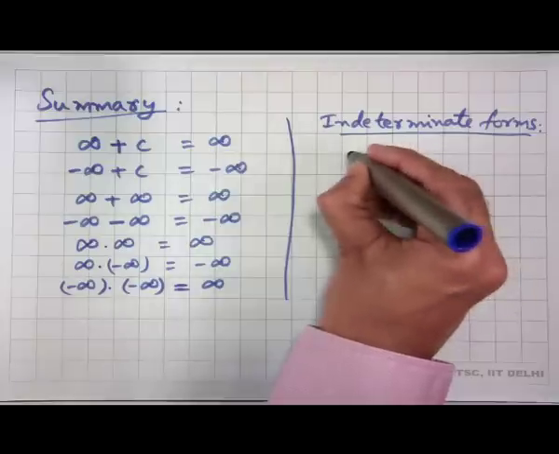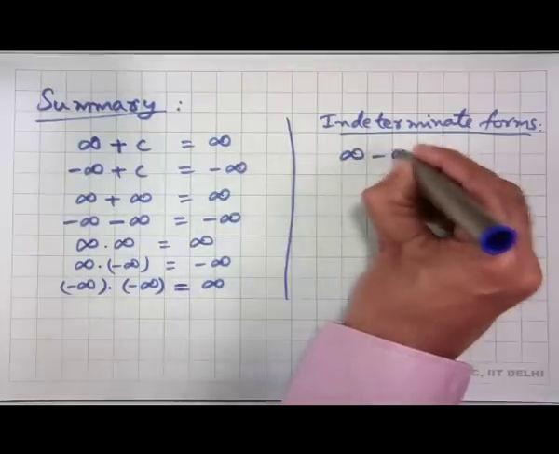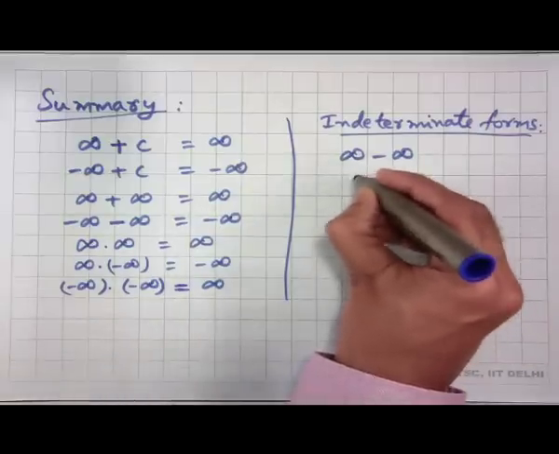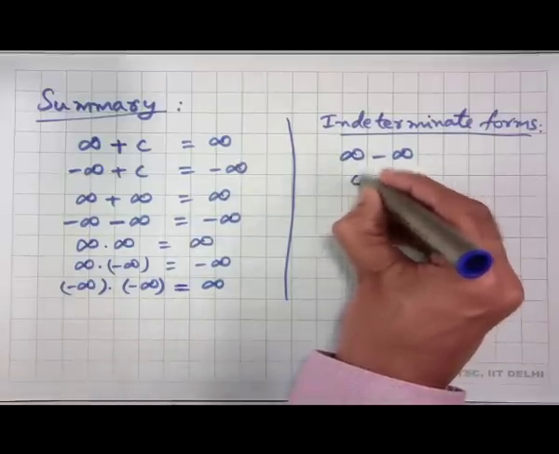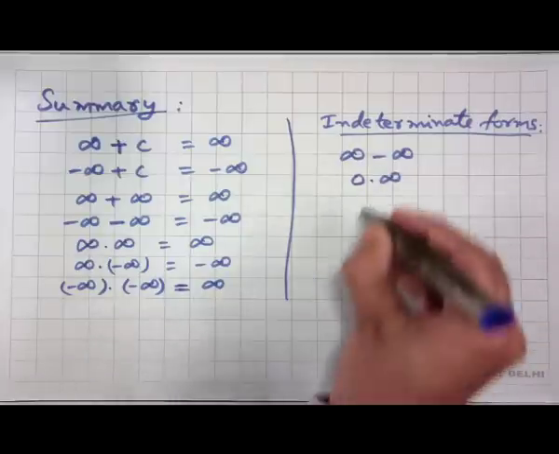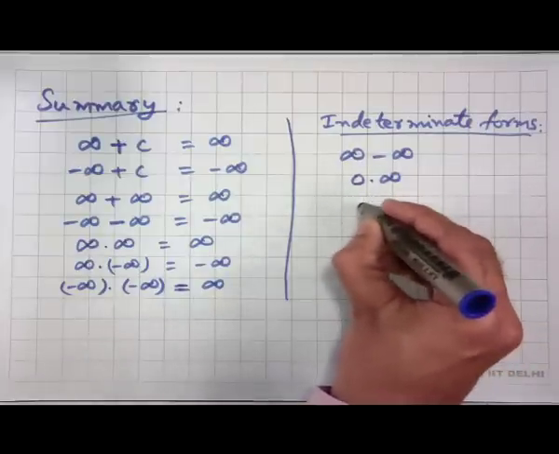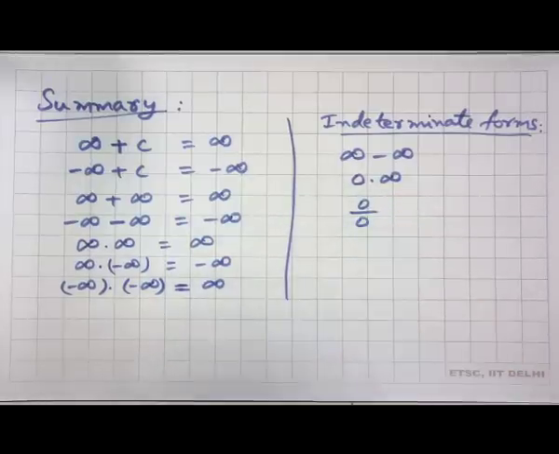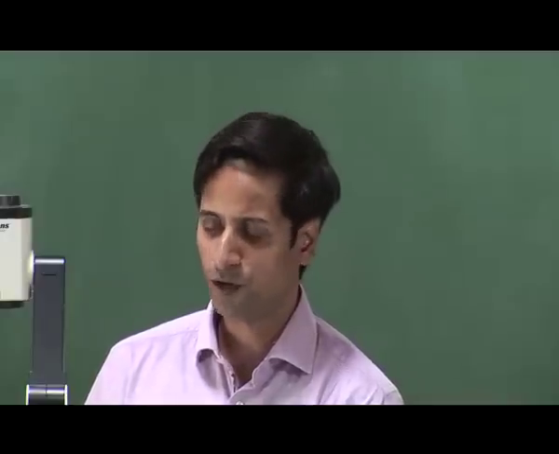We have seen that infinity minus infinity, this we cannot say what it is. Similarly, 0 times infinity is an indeterminate form. Also 0 by 0, this we have seen previously, that if the numerator and denominator limits are both 0, then the limit of the quotient depends from problem to problem.